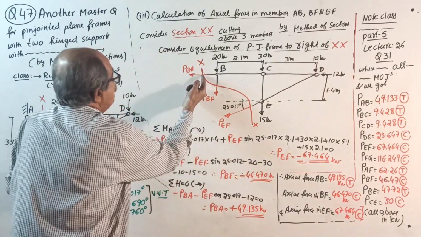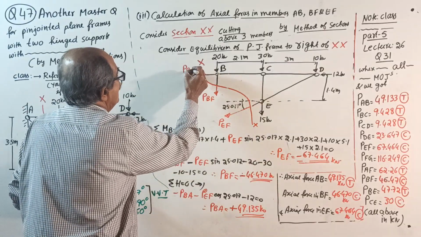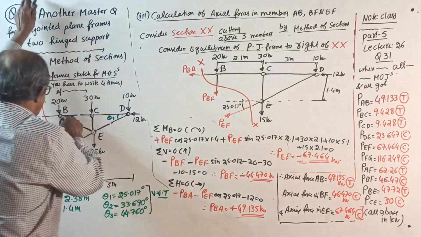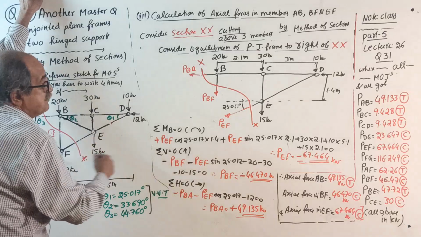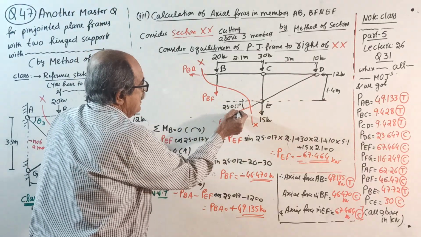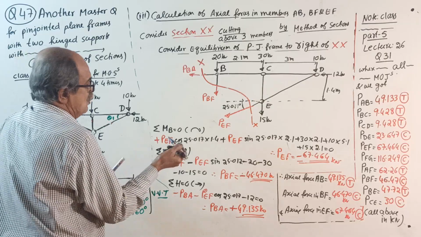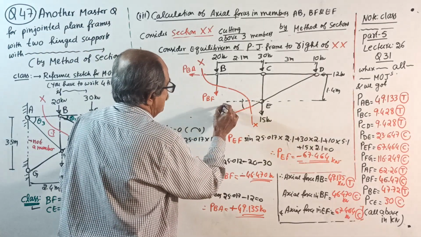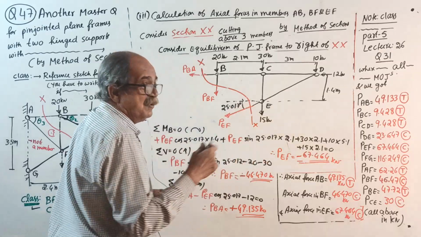Now PBA. See here, PBA. This force PBF down. PEF, this inclined force. The angle for this member is theta 1, 25.017. Last time I took 23, it gave trouble to me, remember?